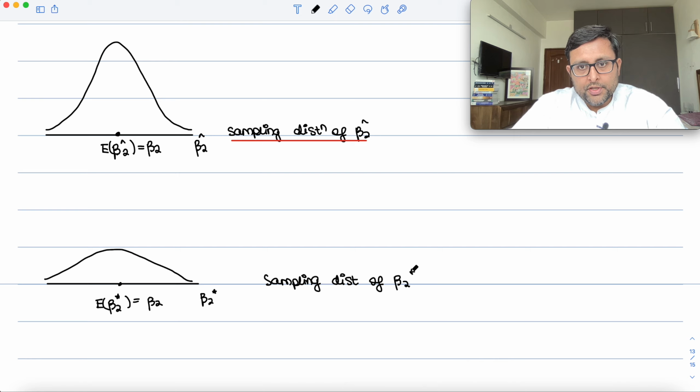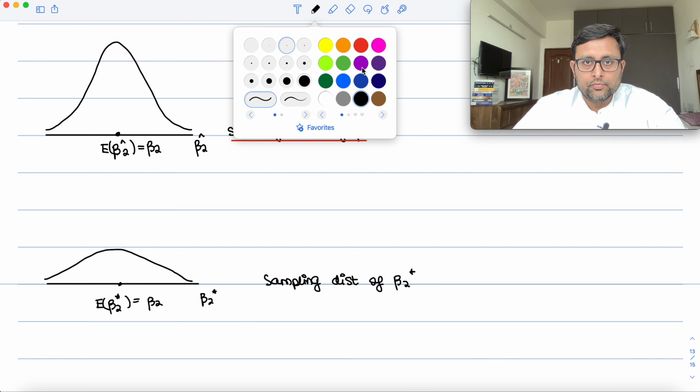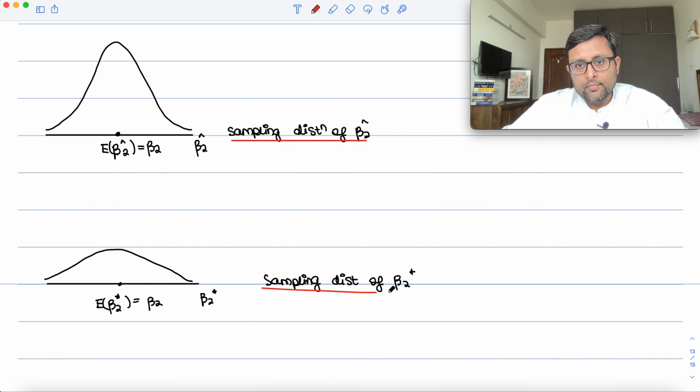This is the sampling distribution of beta 2 star. Both of them are unbiased. E of beta 2 star is also equal to beta 2, and E of beta 2 hat is also equal to beta 2.